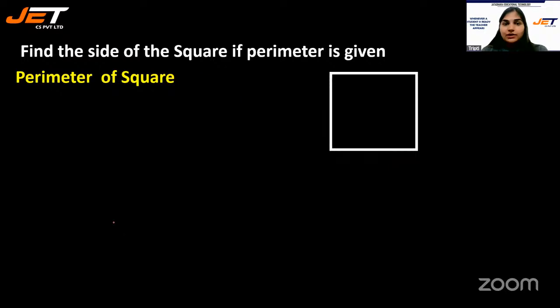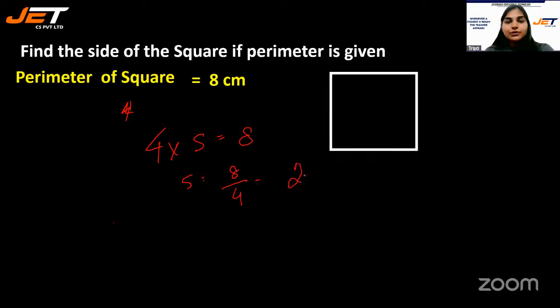Here we will be doing 4 times the side. Sorry, 4 times the side is 8 centimeters. So side is 8 divided by 4, which is equal to 2 centimeters.